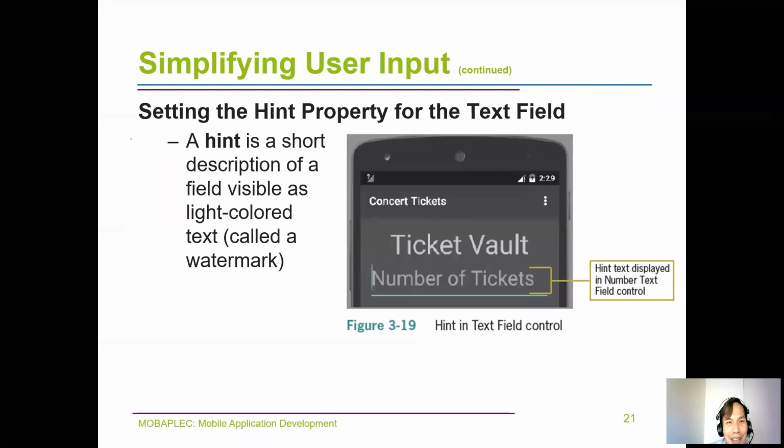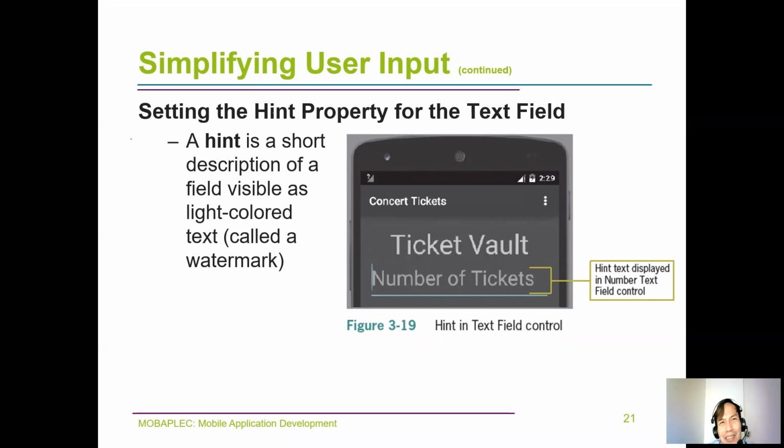Here in Android Studio, we could use a hint as a short description of a visible text. So meaning, that's what they call a watermark, meaning by default it's included, but once you type, automatically it will not show anymore. That's actually a pattern to guide you what particular fields or text that you need to input. That's as simple as that.